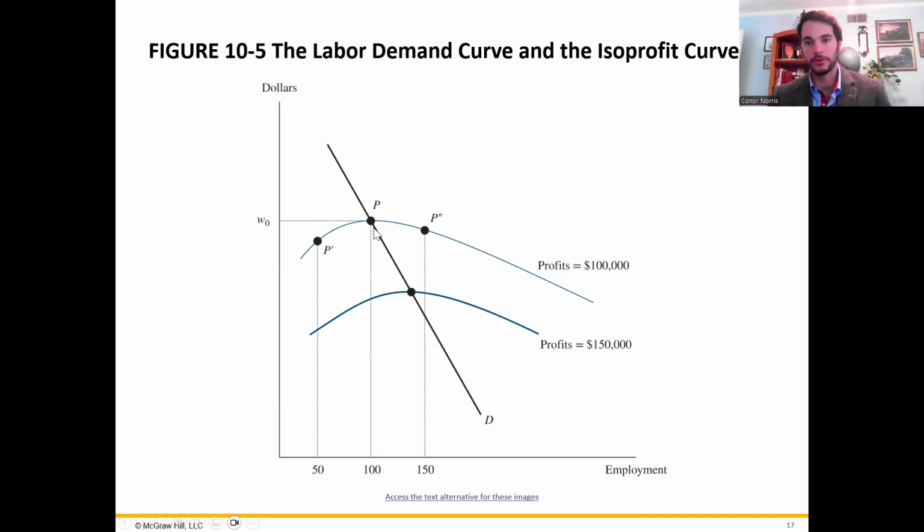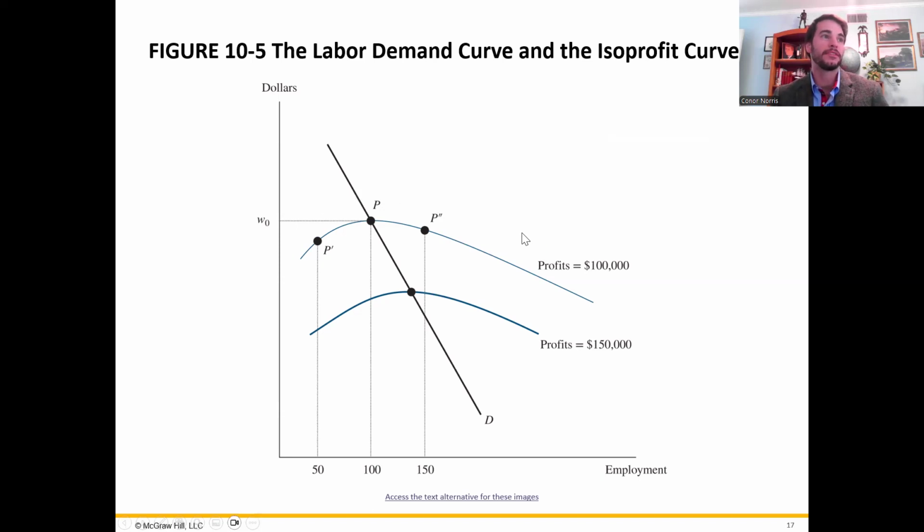So let's say the wage is set at W0 in the market, determined by the overall market supply and demand, so that equilibrium wage is W0. The firm is going to choose this point P on this isoprofit line. Of course, they could choose a point on a higher isoprofit line up here, where there would be two points that match that wage, way below 100 workers, way above 100 workers.